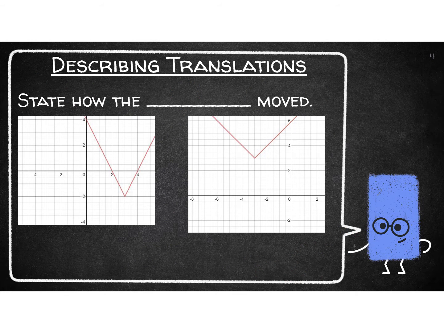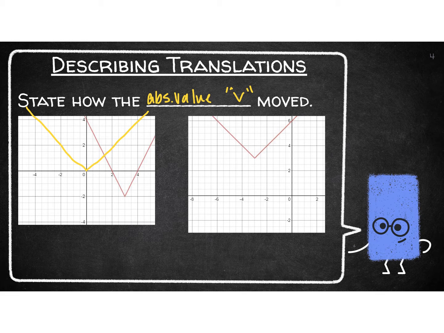For these first examples, we are just going to state how the absolute value, the original V shape, has moved. So it might be helpful to draw our original, which is right there. That's where we start. We always start with that parent function. How did we move it?